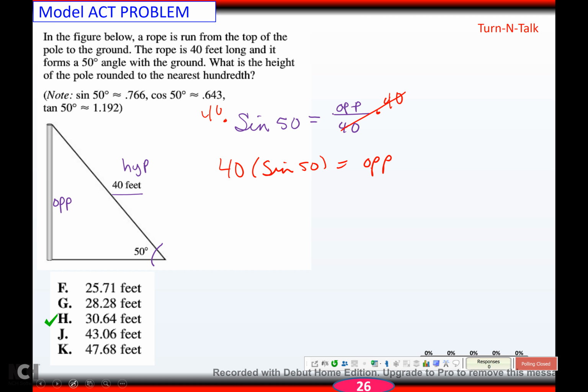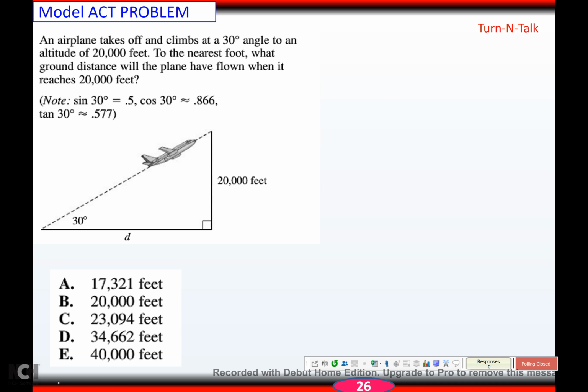Well, that answer isn't there because they substituted the decimal equivalent for sine 50 in, which they told me to use 0.766, which will give me my opposite side equal to 30.64. Okay. All right, try this one. Hit pause. Come back when you're ready.